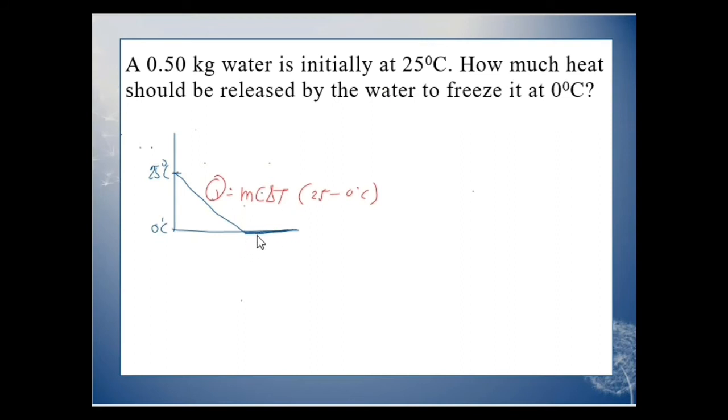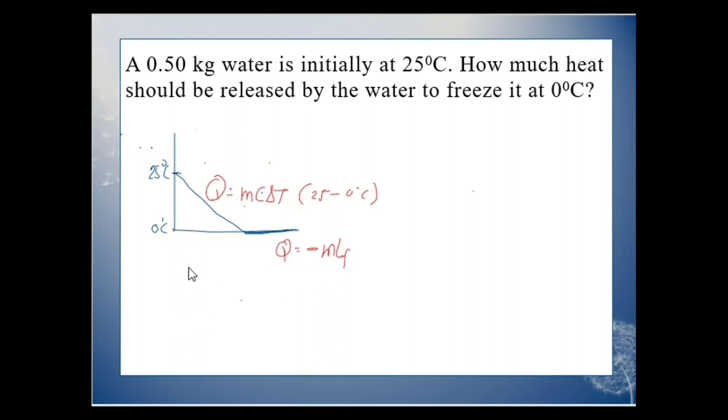But for this one, since it's the freezing point, you now have to use Q equals, since heat is released, negative m, which is the mass of the water, and then L_F. So L_F here is the latent heat of fusion since it's from water to solid ice. So it's freezing, that's why we are using latent heat of fusion.